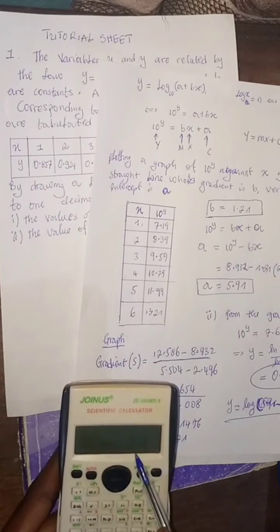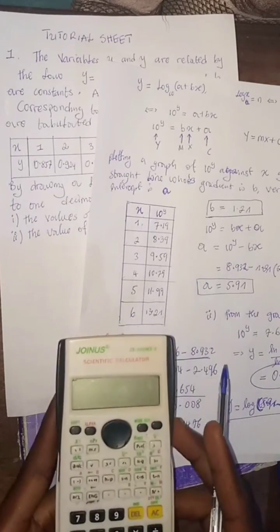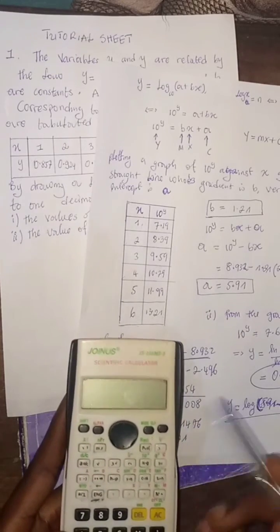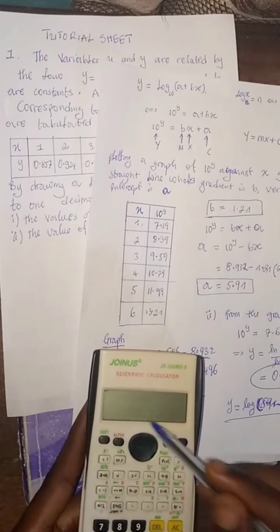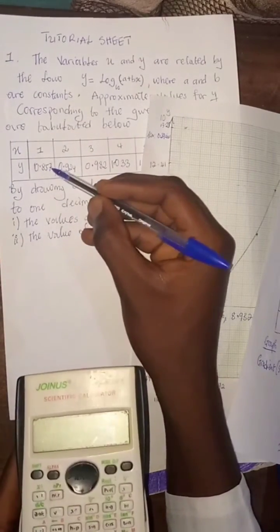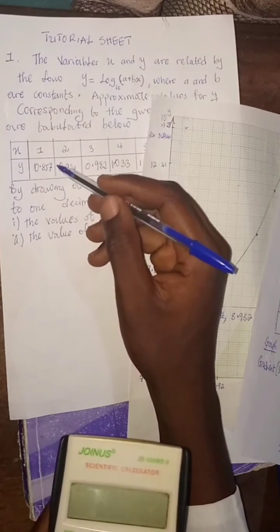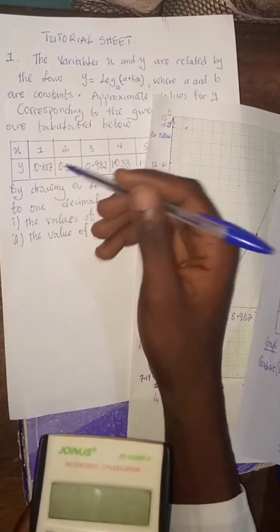That gives me 7.112. If I take log of that answer, I'm going to have 0.8527. Look at the table, we have 0.857. So the answer is not very far from the truth.